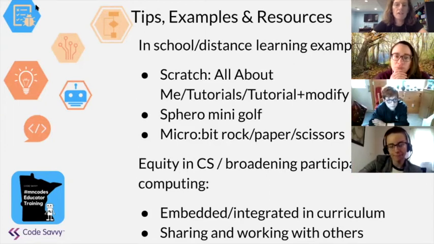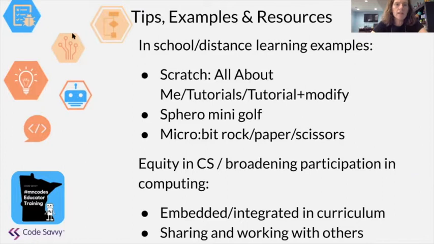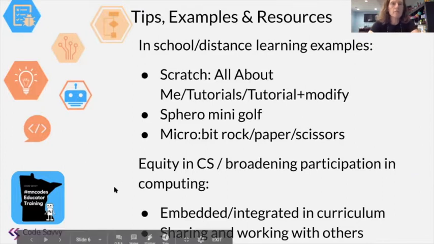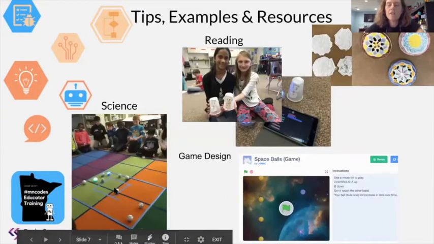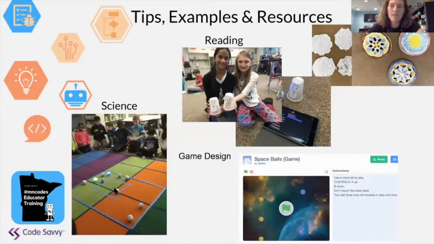As I mentioned earlier, there were also some examples that I've used with computer science when I was at an elementary school, but I think many of these can go into middle school examples as well. So the science example, we used some Spheros to actually code and model how water moved from solid to liquid to gas.